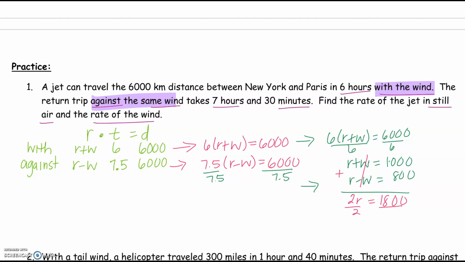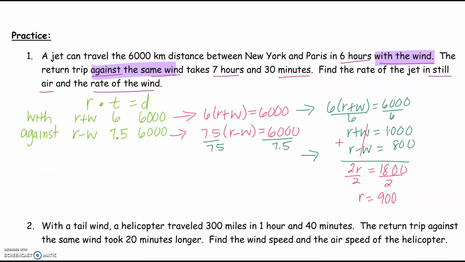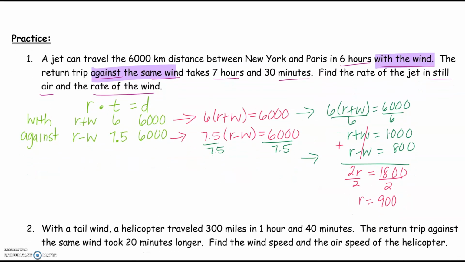So now I'm going to divide by 2, and I'm going to get R equals 900. What is 900 representing? The rate of the jet. 900 kilometers per hour is how fast the jet can go in still air.